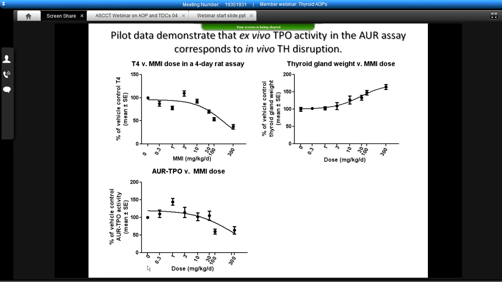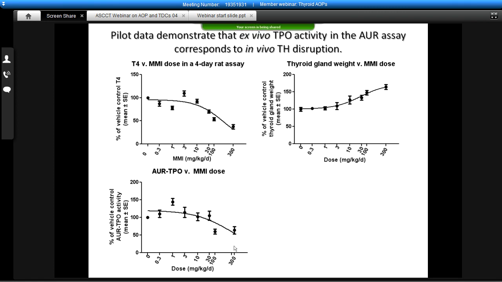What you can see on the left-hand side on this y-axis is percent of vehicle control Amplex UltraRed TPO activity, and increasing methimazole oral dose exposure, since we did not have a measurement of the thyroid gland concentration. But just using oral dose, you can see that with increasing methimazole exposure, Amplex UltraRed TPO activity is decreased.